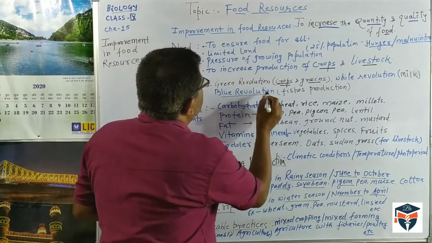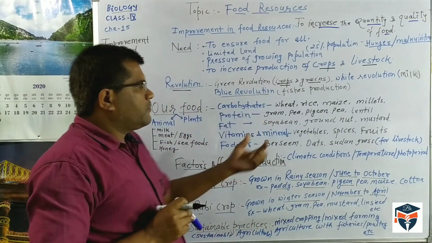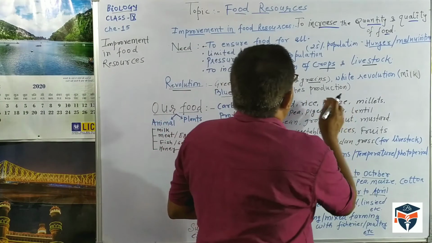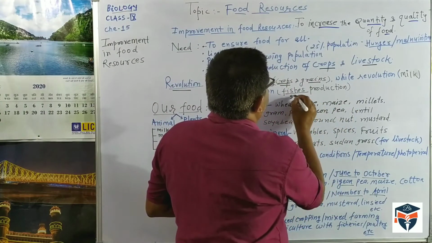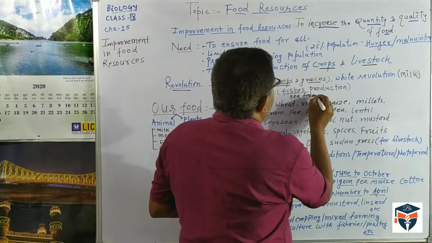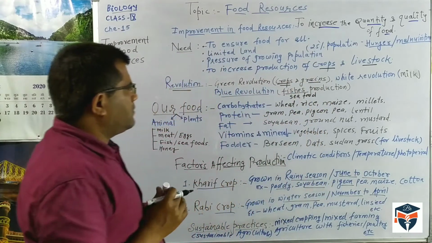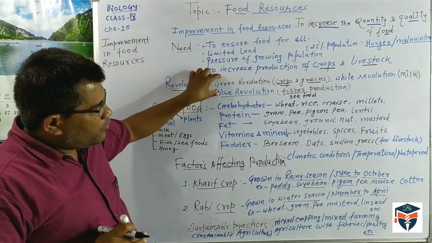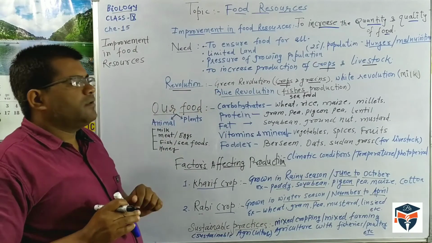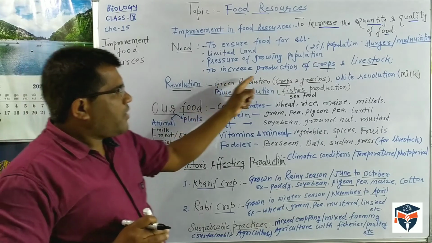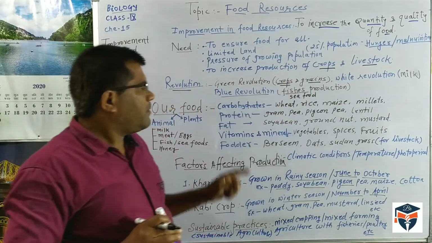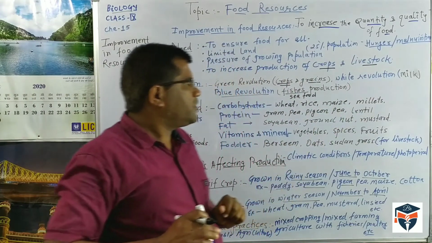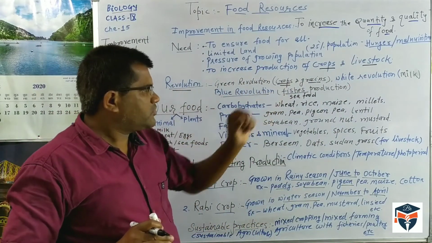Similarly, the Blue Revolution is related to the production of fishes and seafood. So in all these programs, Green Revolution, White Revolution and Blue Revolution, we have increased the production of grains in the Green Revolution, milk production in the White Revolution, and fish production in the Blue Revolution.